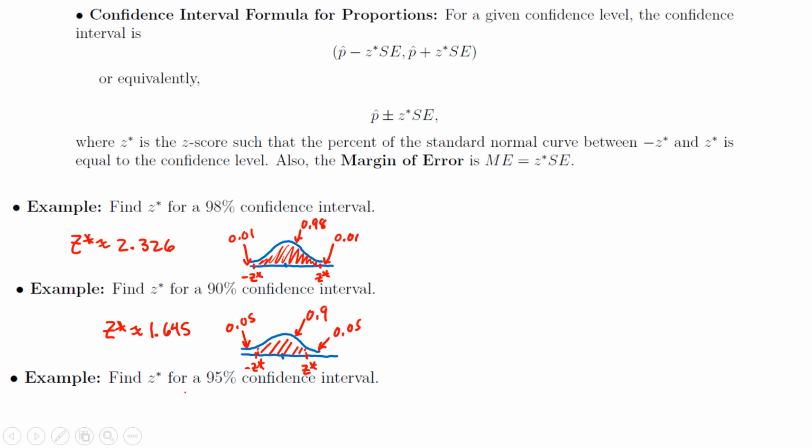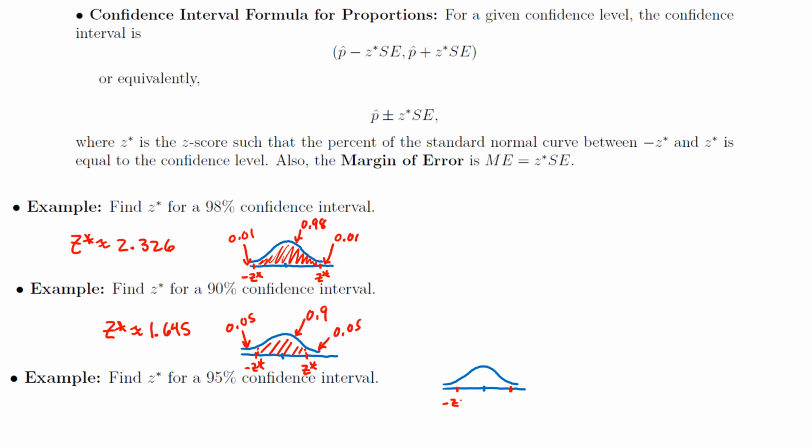And then finally for 95%, you might say, well, didn't we already determine that it was 2? And yes, we did, based on the 68, 95, 99.7 rule. But I want to go ahead and go through the motions of calculating this using the method we just did.